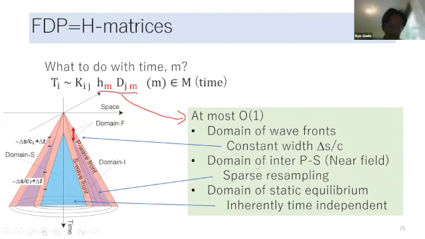So this approximation doesn't have a big rollback for the numerical accuracy. And finally, this domain for the static equilibrium doesn't have integration over time, so that has no problem with it.